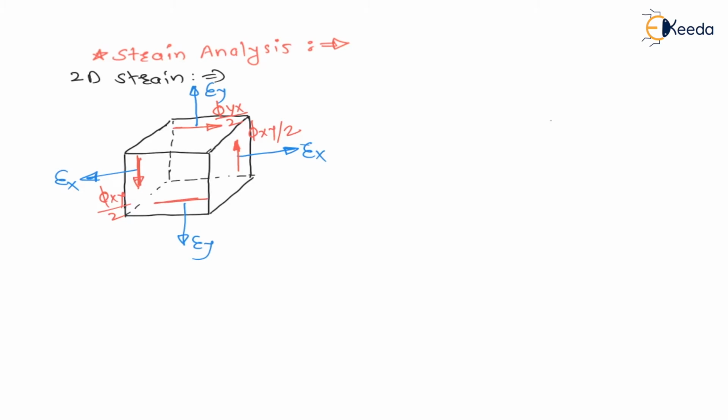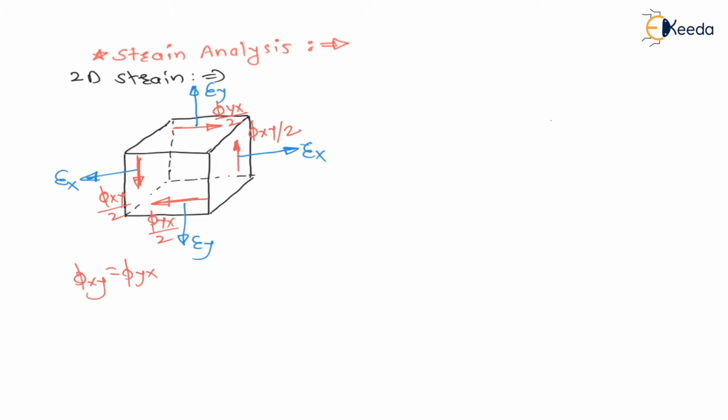We know that phi xy is equal to phi yx. If you have confusion in this, you can go to the stress calculations, the stress tensor quantities video, where I have explained in detail how to represent all these components.